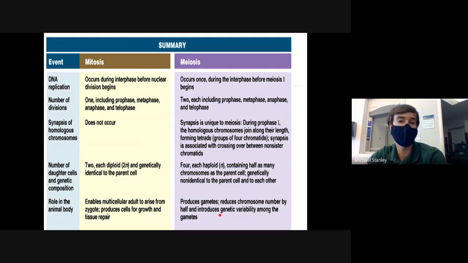Whereas meiosis only happens in order to create new gametes, new sperm and egg cells. No other cells go through meiosis. Only sperm and egg cells go through it so that they can be haploid for the chance of fertilizing and making a diploid zygote in the future.